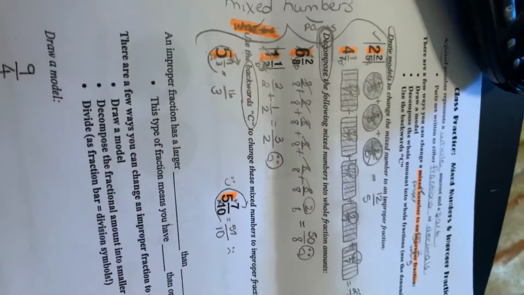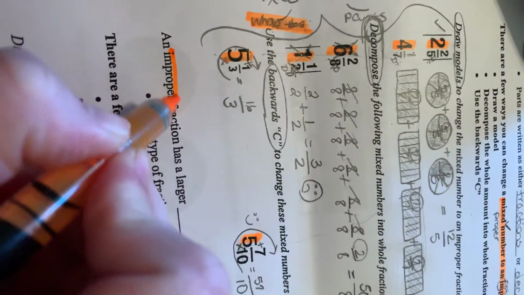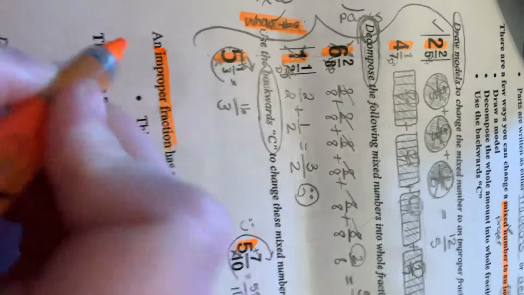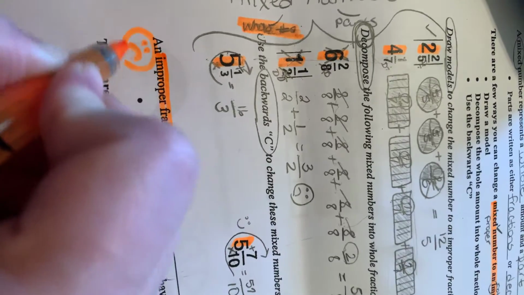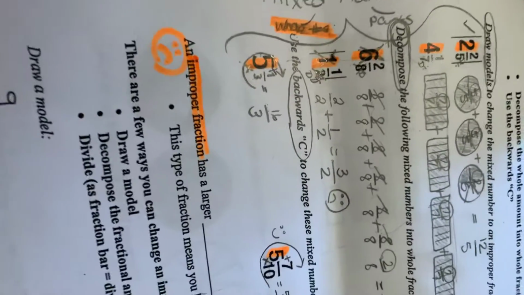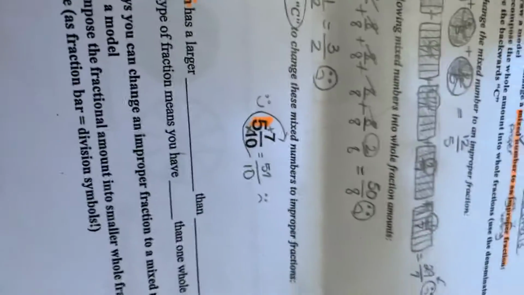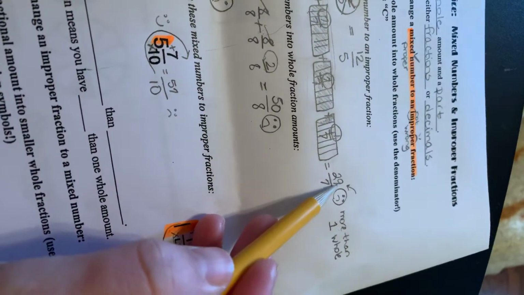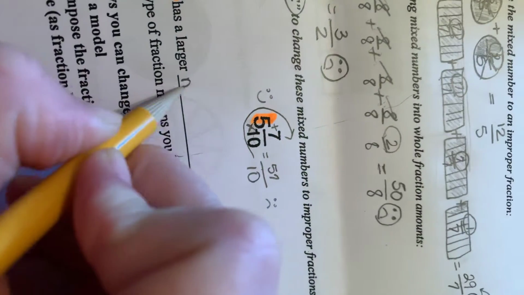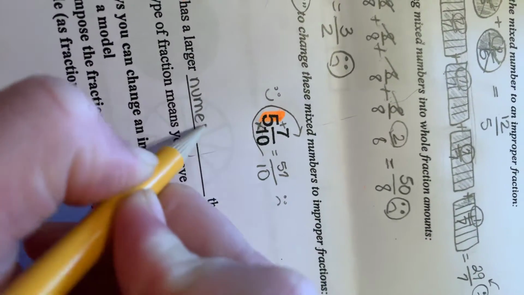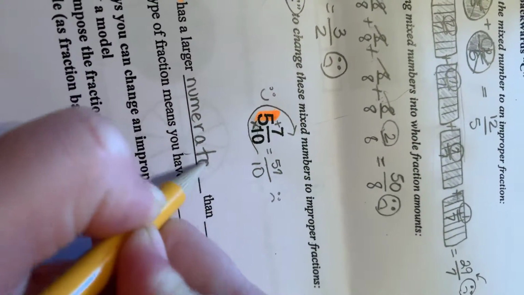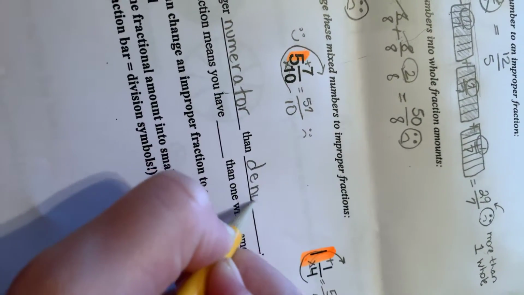All right, now let's talk about what it means to be improper. We kind of have improper, meaning not proper, like leaning back in your chair is the improper way to sit. Impropers have larger blank than blank. Well, we have larger numerators. Numerators have a larger numerator than denominator.